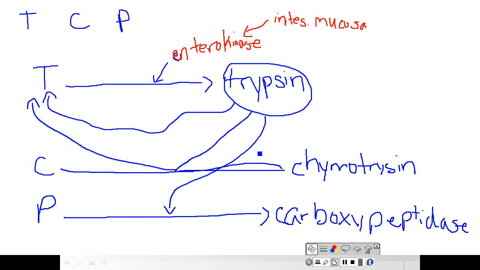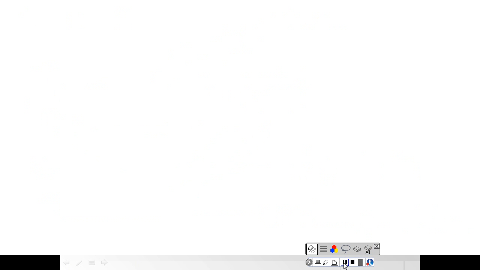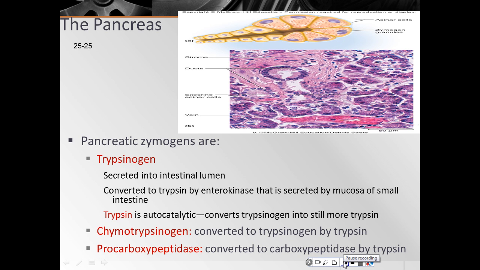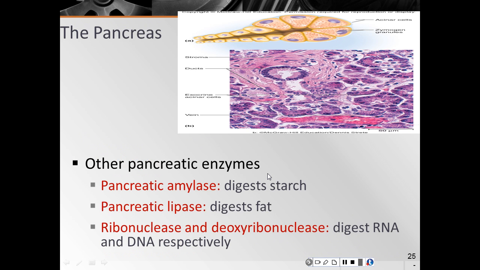So you see that this trypsin plays a huge role in ensuring that we have enough trypsin for digestion. Alright, so let's get back to our original screen. Okay, so that's dealing with these pancreatic zymogens.